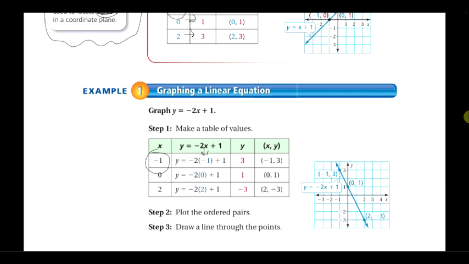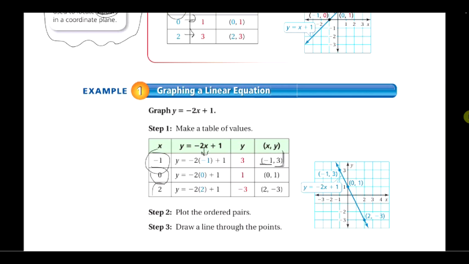So our solution point is the value that we plugged in and the answer that we got. Again, we do it for when x is 0. We plug in 0 for x, we get our answer, and plot that solution point. When x is 0, y is 1.